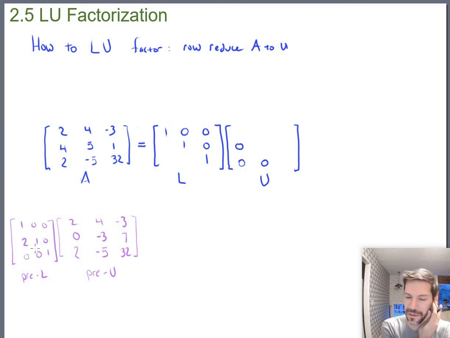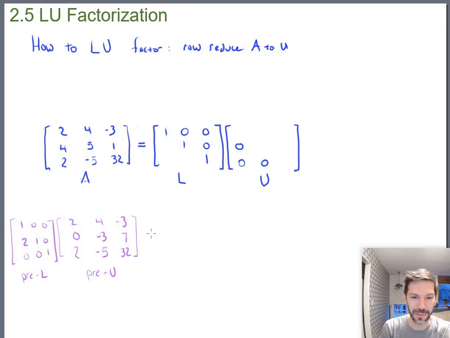So check out what this does right here. I'm just putting a 2. And notice 2 was the opposite of the multiplier for row 1 to row 2. I multiply by -2 and add it. So I'm putting +2 here.